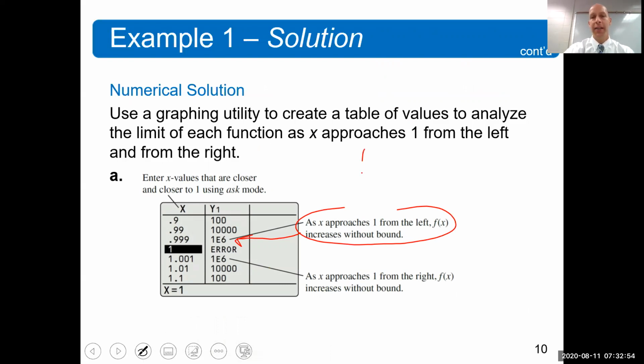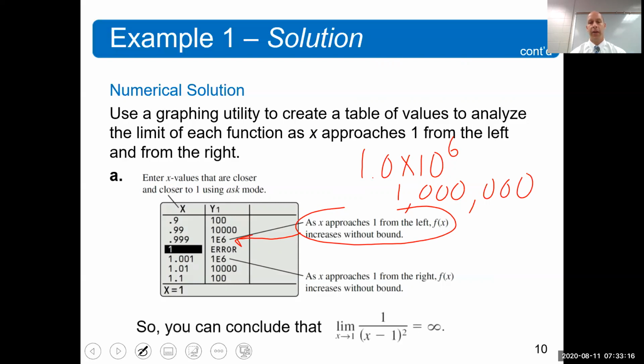In other words, it's 1.0 times 10 to the 6th, which is 1 followed by six zeros. So that's a million, a big positive number. Similarly, we got a million on the right-hand side as well. So this is growing without bound.